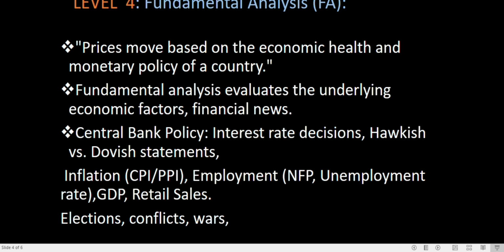Then inflation, CPI, PPI, employment, NFP, unemployment rate, GDP, retail sales, election, conflict and war. So it's still the same thing we are talking about. You understand? When a country is having an election or something, it's likely the economy will drop a little bit.